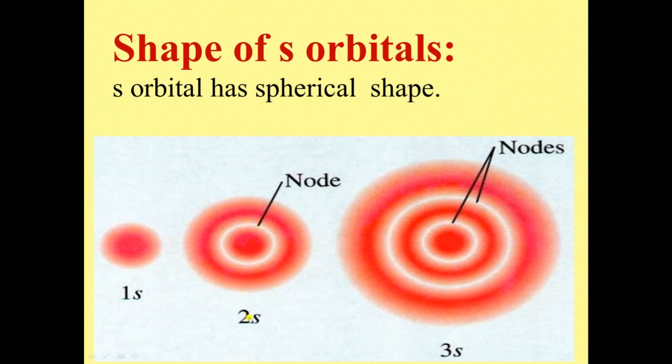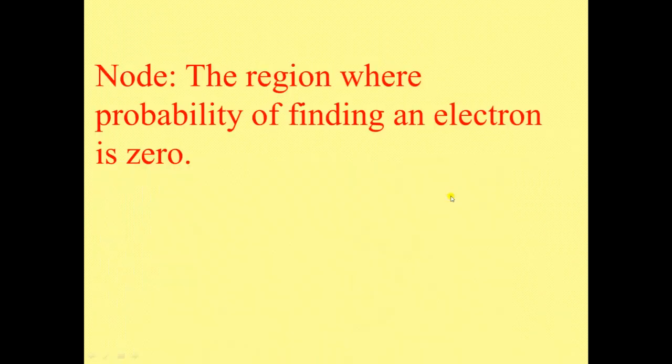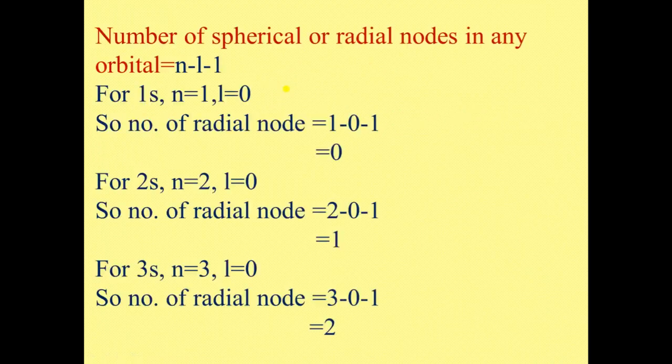Again in the 2s orbital, when we move far from the center the probability will increase, and after that it will decrease. So in the 2s orbital only one node is present. In 3s two nodes are present, in this region and in this region, where the probability of finding an electron is 0. So you can define a node as the region where the probability of finding an electron is 0.